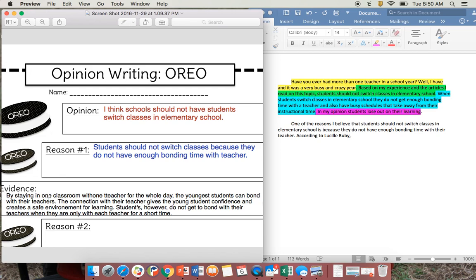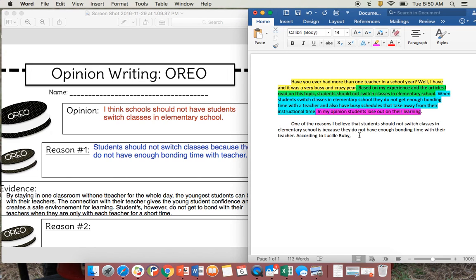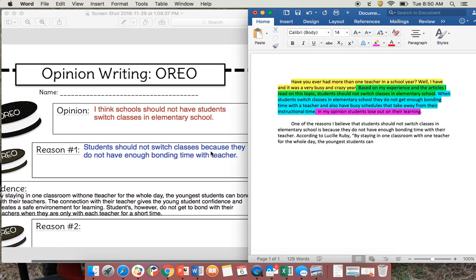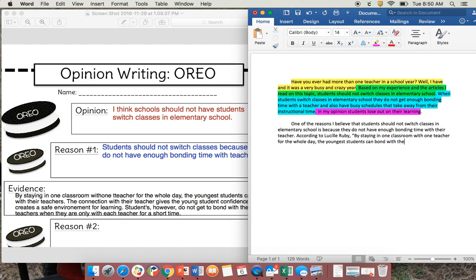I'm going to quote the first sentence because I think it's a really good quote, and then I'm going to paraphrase the second sentence. So according to Lucille Ruby, "by staying in one classroom with one teacher for the whole day, the youngest students can bond with their teachers."